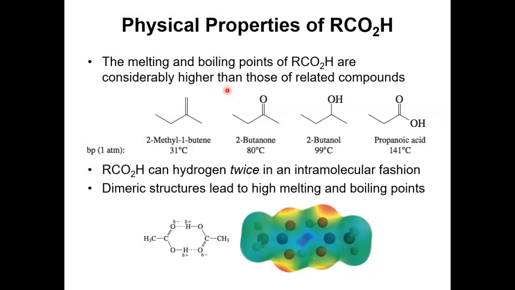If you look at a group of four compounds with a similar molecular weight, you will see that, understandably, the hydrocarbon has the lowest boiling point, because the only major intermolecular interaction is induced dipole-induced dipole interaction. So it has the weakest intermolecular interaction.